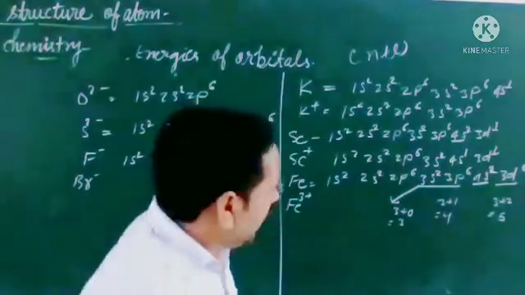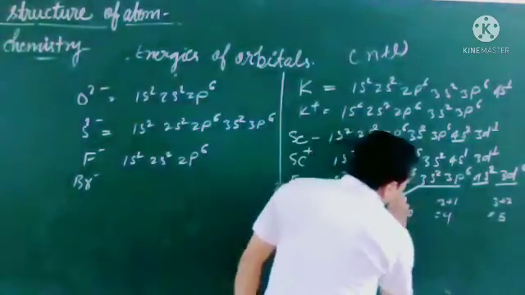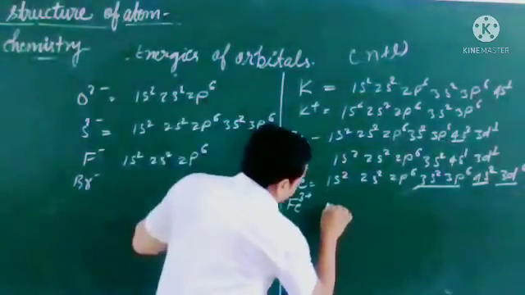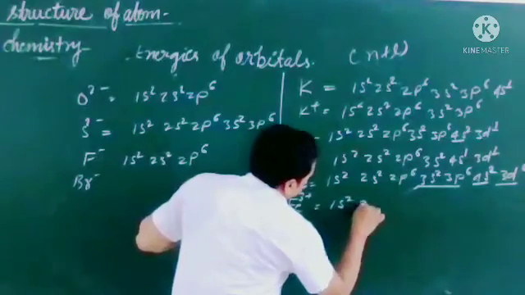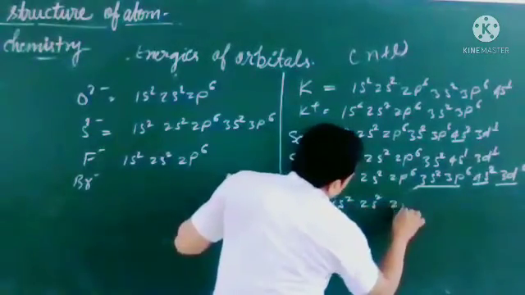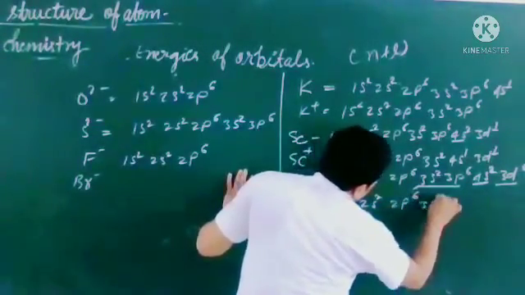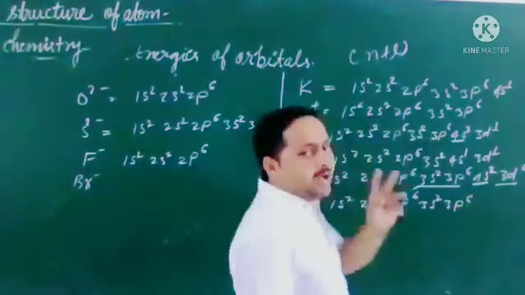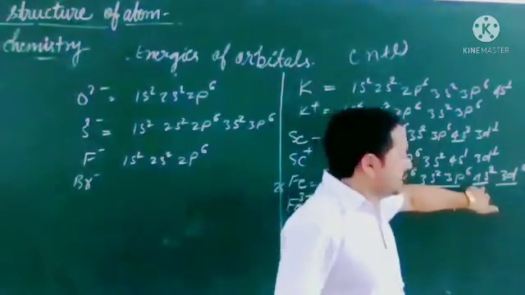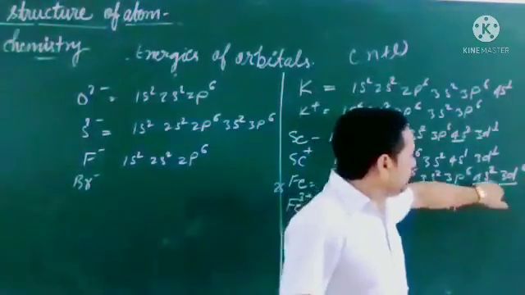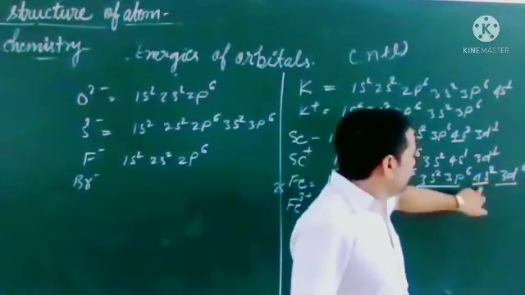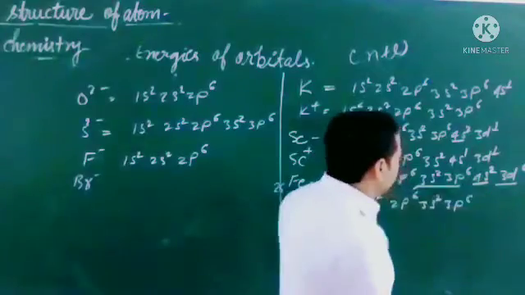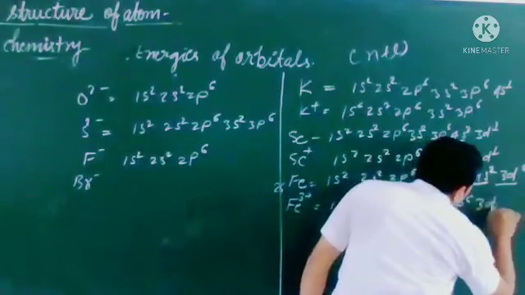Then, if we remove the electrons from different orbitals, the electronic configuration will be 1s2, 2s2, 2p6, 3s2, 3p6, and we have removed 3 electrons: 2 electrons from 4s and 1 electron from 3d. Since there is no electron left, we will not write 4s or 3d.